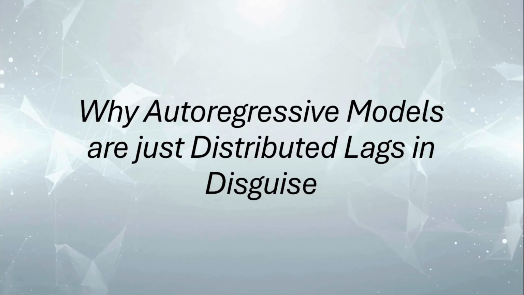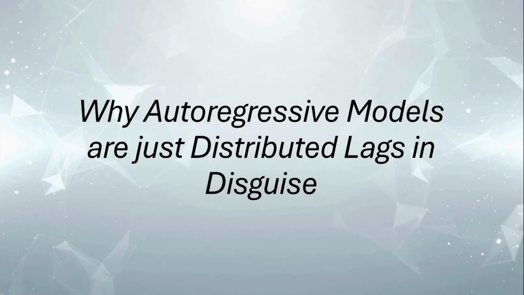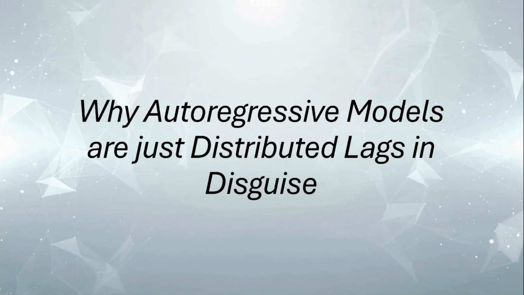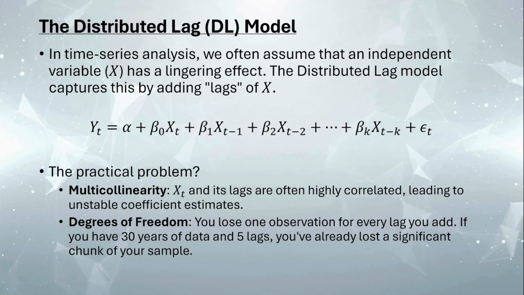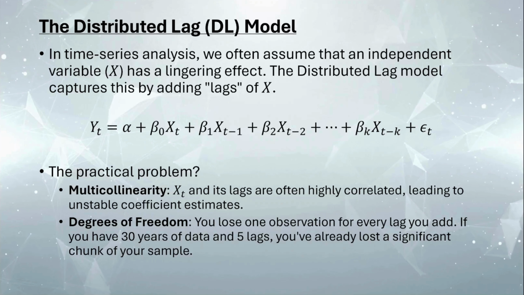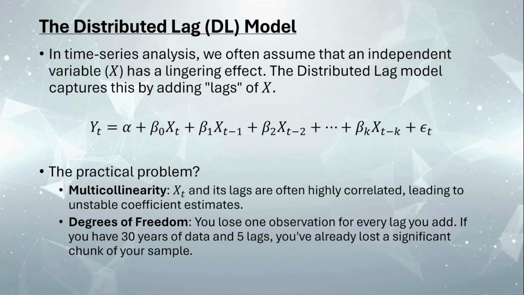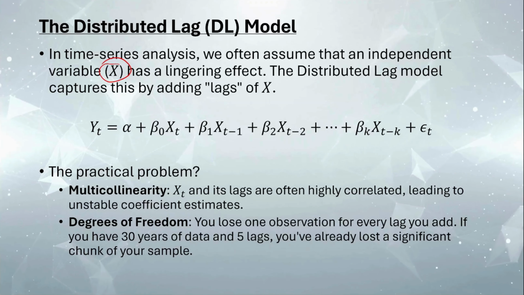So in the previous video, I talked about the ARDL model. I'm just going to dive a bit deeper into this and show you why autoregressive models are just distributed lags in disguise. Now, in time series analysis, when we talk about a distributed lag model, we assume that the independent variable, in this case our x here, has a lingering effect.